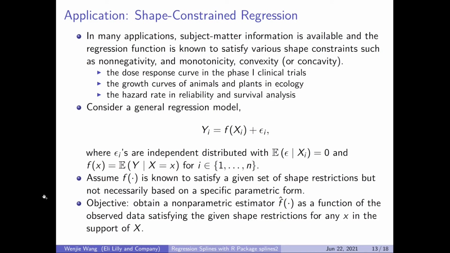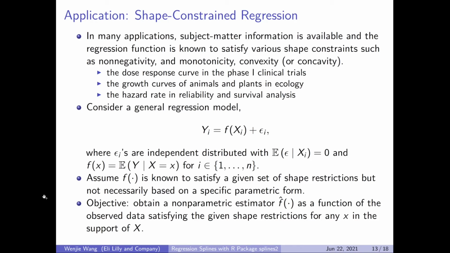For example, the dose response curve in phase 1 clinical trials may require a non-decreasing dose response curve. Also for growth curves of animals and plants in ecology, or for the hazard rate in survival analysis, the hazard rate function should be non-negative.